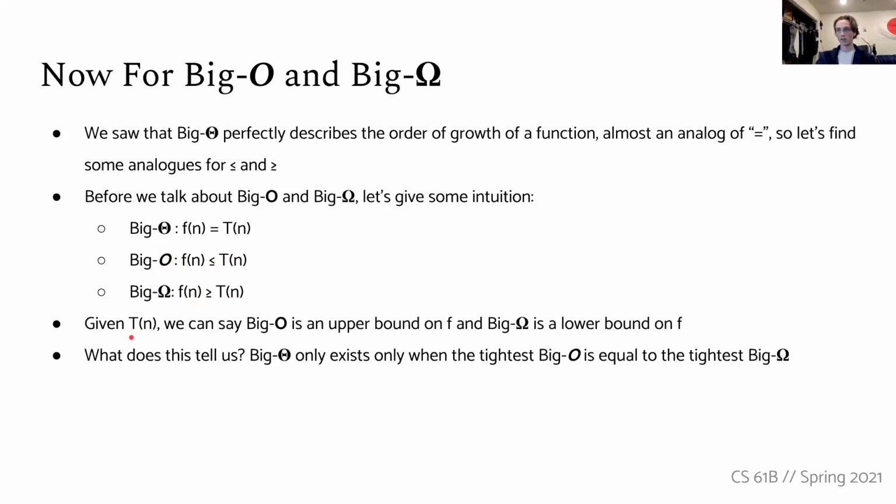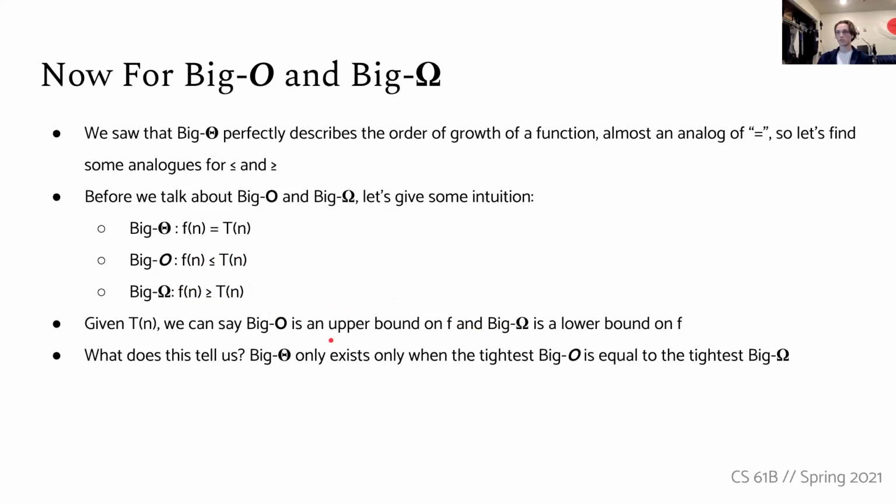So given t of n, we can thus say that big O is an upper bound on f, and big omega would be a lower bound on f. Big O implies f of n is always less than or equal to t of n. Big omega, f of n always greater than or equal to t of n, so that's a lower bound here.